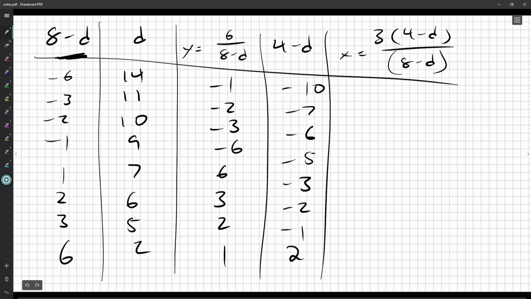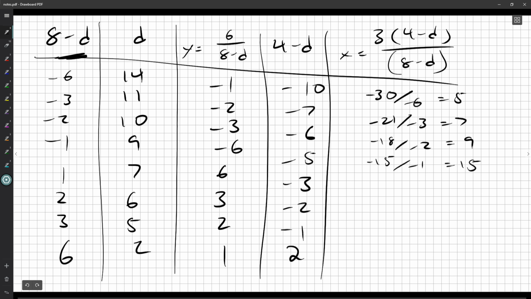Okay, and so we'll get -30 over -6. Well, that's 5. You'll get -21 over -3. That's 7. Looking good so far. -18 divided by -2. That's 9. -15 divided by -1. That's looking great.